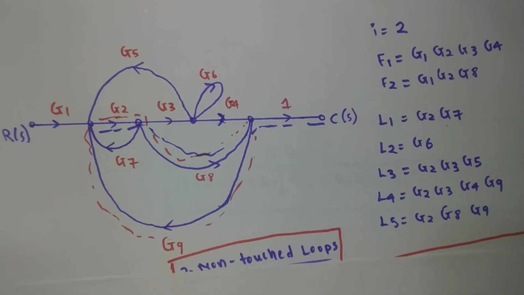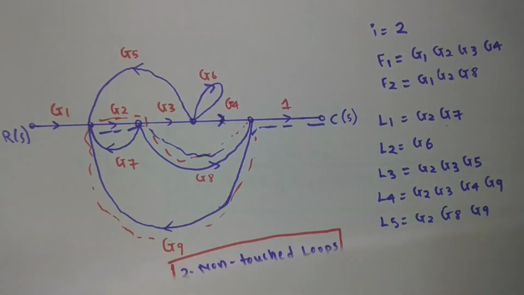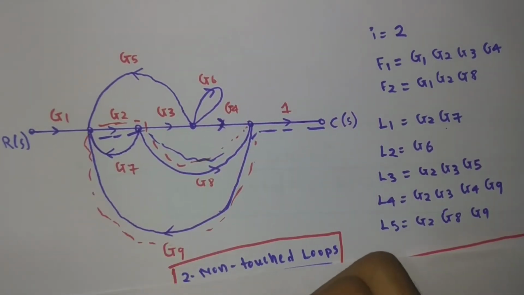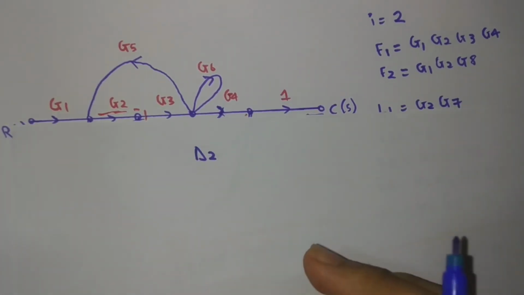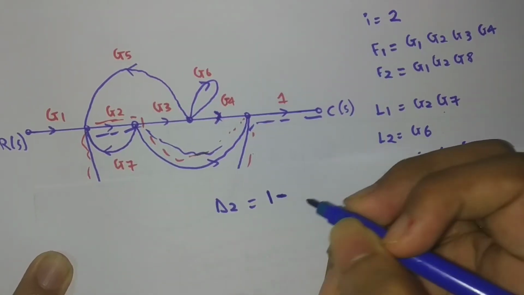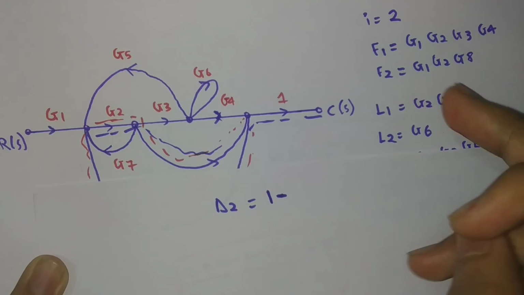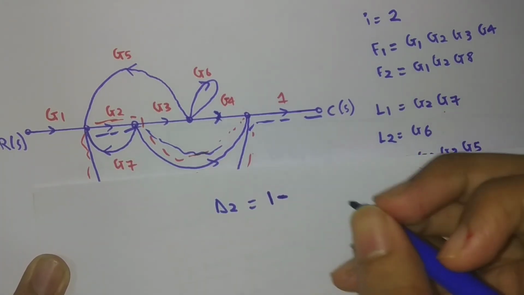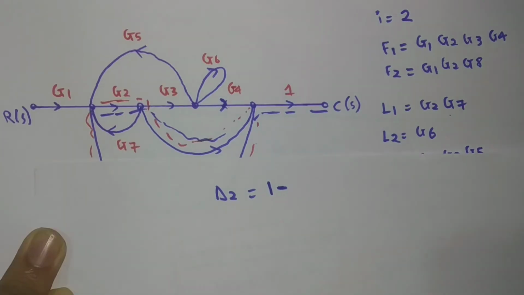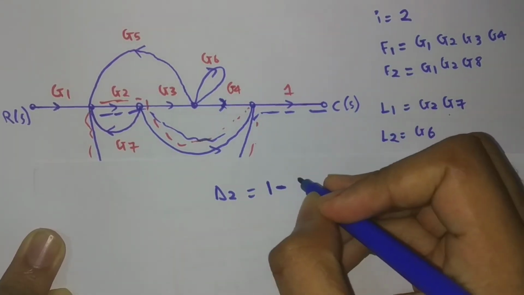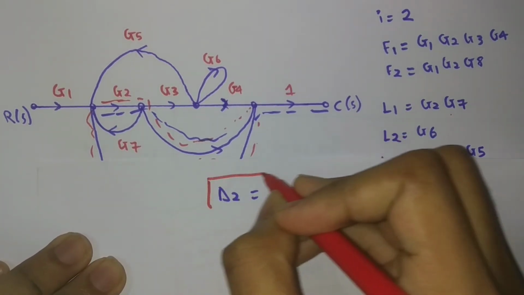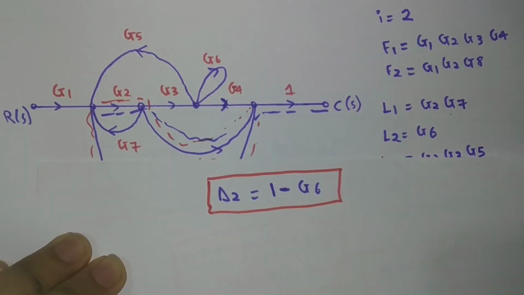So for this, the second determinant delta 2 will be written as 1 minus the non-touching loops of the forward path F2. So here G6 is not touching, so I can write this as 1 minus G6. This is the value of the second determinant that we have found out.